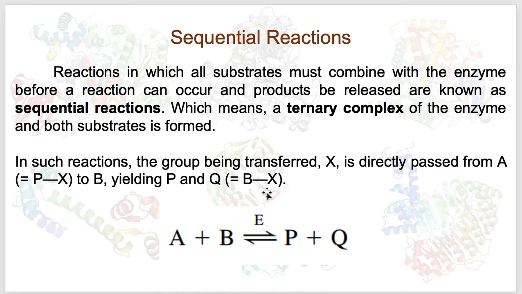In case of sequential reactions, first both the substrates have to bind with the enzyme, and the complex formed is called a ternary complex. That means when both of the substrates are bound with the enzyme, this complex is called a ternary complex. So in all the sequential reactions, first the ternary complex has to be formed. Then product will be formed.